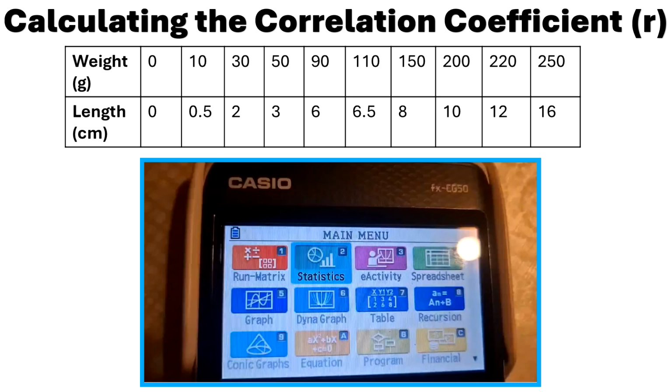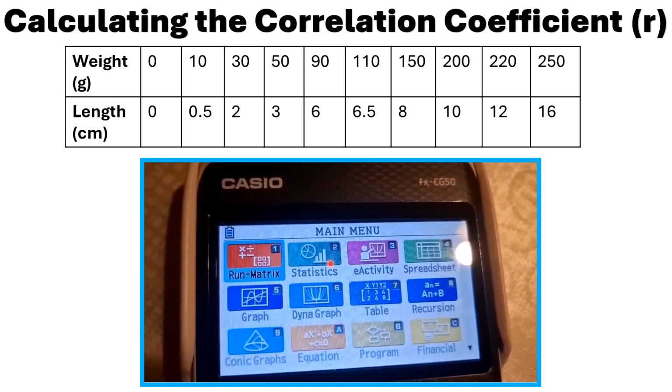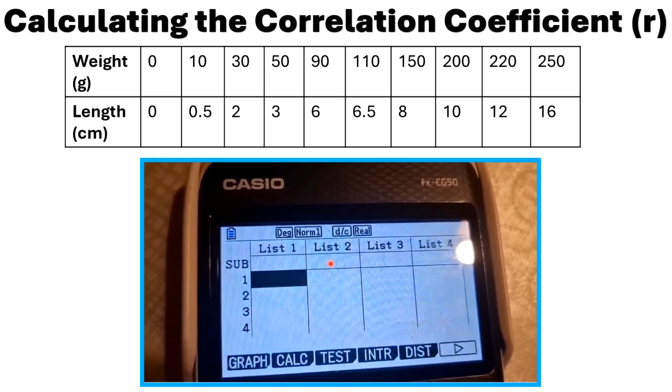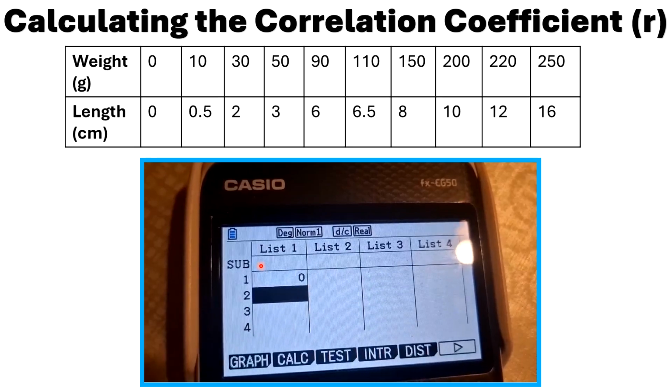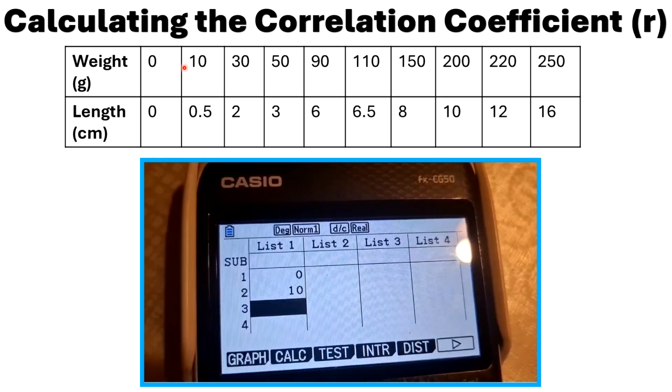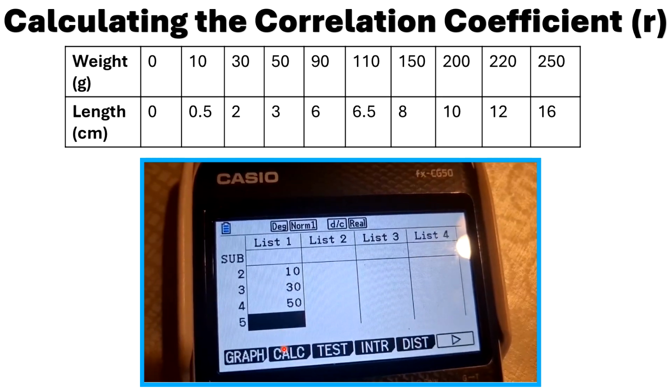During an exam, you'll be given a table such as this one, which you're going to use to figure out the correlation coefficient r. First, in the main menu, you're going to go to Statistics here. Okay, and you're going to fill in the two columns. So list 1 is going to be my weight, the x values, so 0, 10, 30, 50.